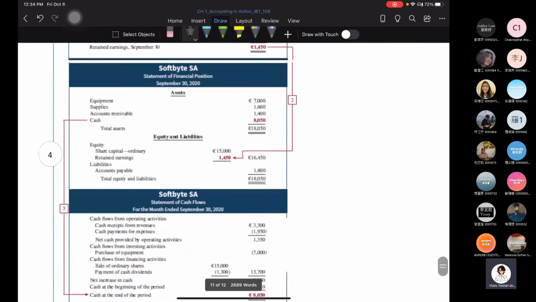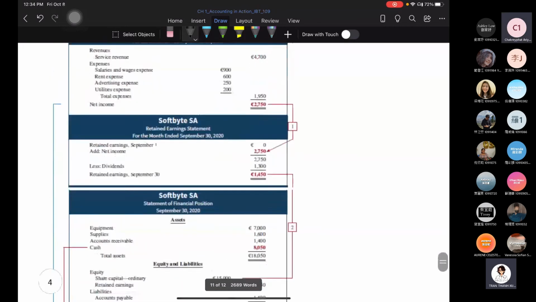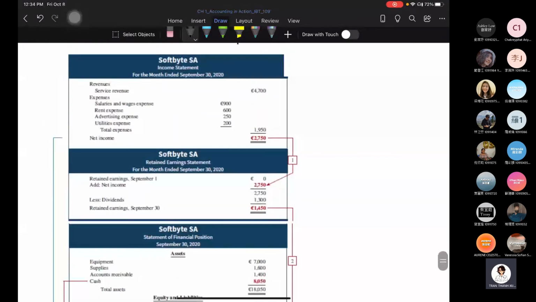Okay, look here, you get five financial statement examples. As I said, in the income statement, please pay attention to revenue, expense, and net income. Net income happens when your company earns some profit. If you're losing money, it will be a net loss.